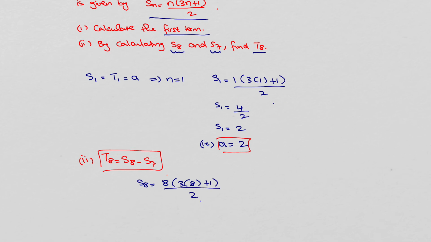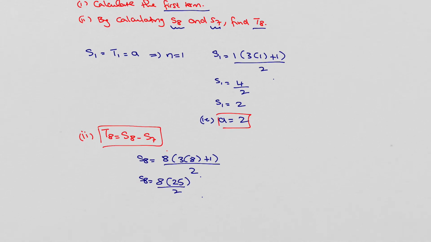That gives me S of 8 is equal to 8 times 3 times 8 is 24, and 1 is 25, all over 2. So we have 8 times 25 all over 2, which goes in 100 times.